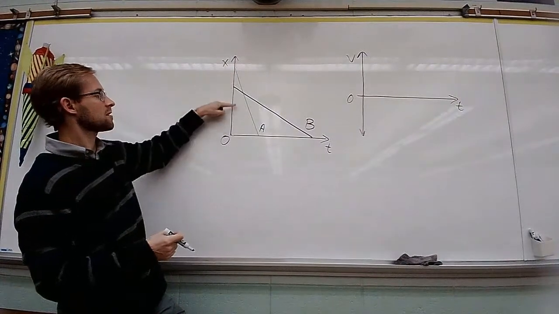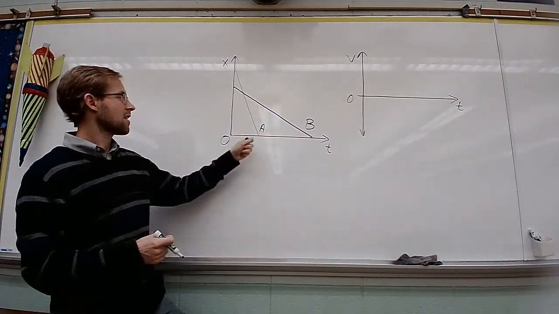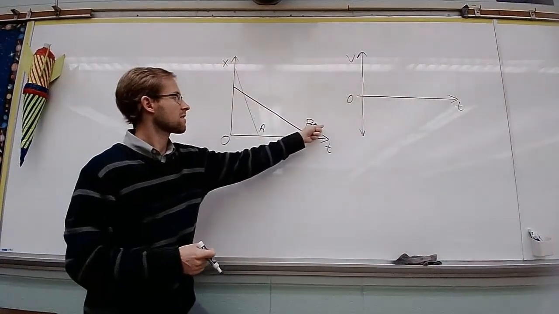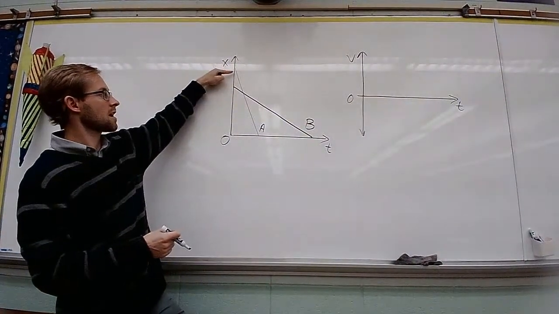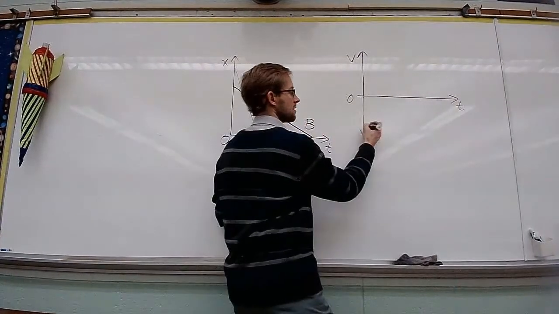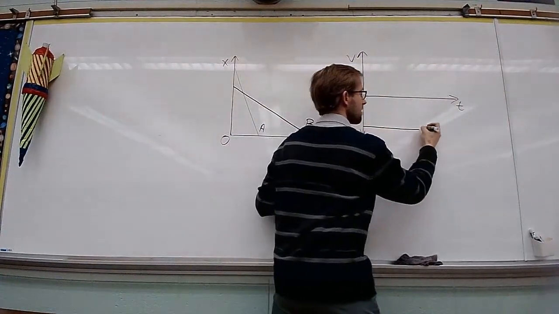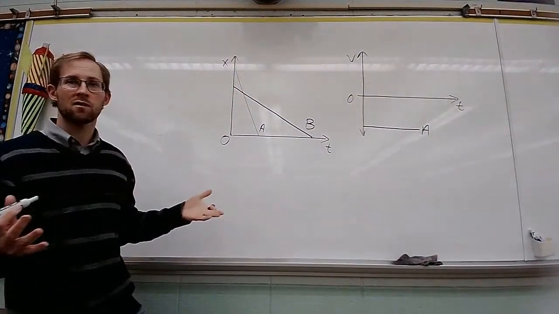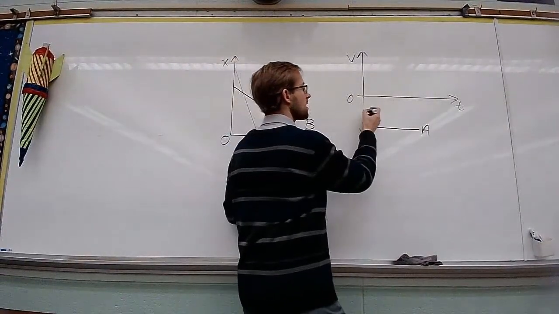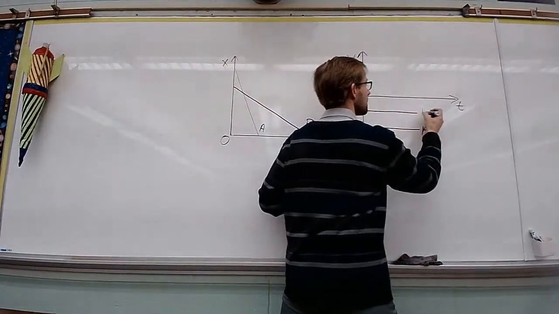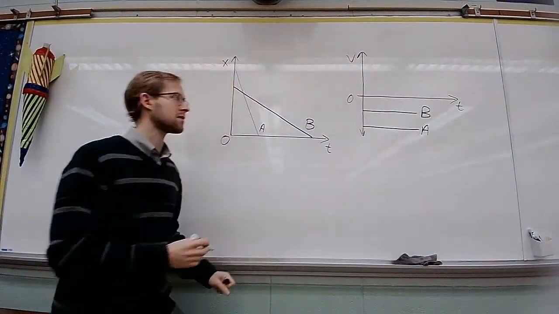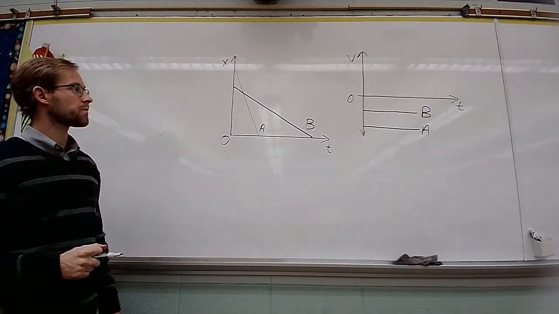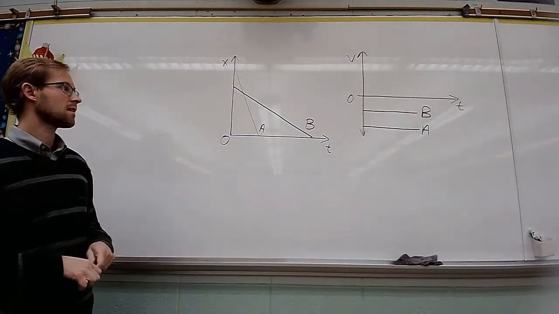Because slope A is bigger than slope B, that means this negative value will be larger than this one. So object A, big negative slope, that means it's got a big negative velocity. Object B has a negative slope too, but it's not quite as big. So object B is going to be not quite as large on the velocity time graph there.